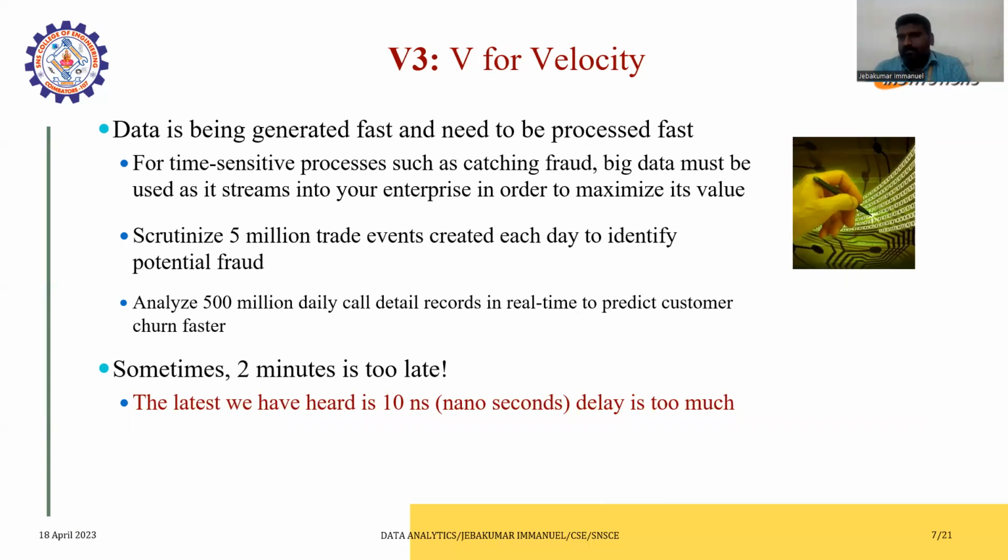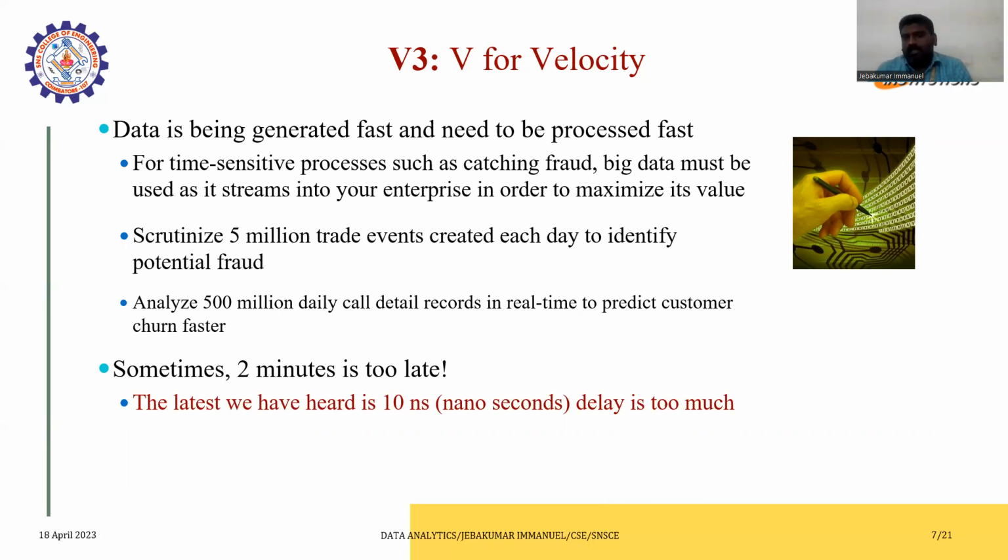If the data size is huge, the volume is huge, and it may have different types of varieties. But the problem is how you are going to handle this data or perform the computation. Computational speed is measured with the help of velocity.